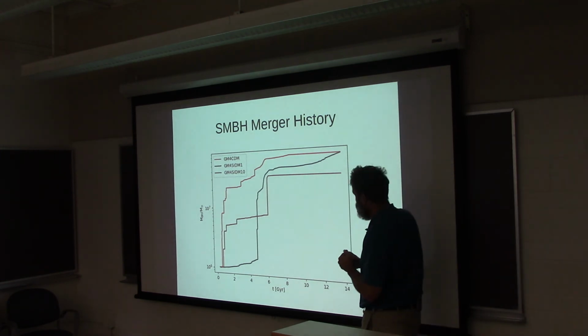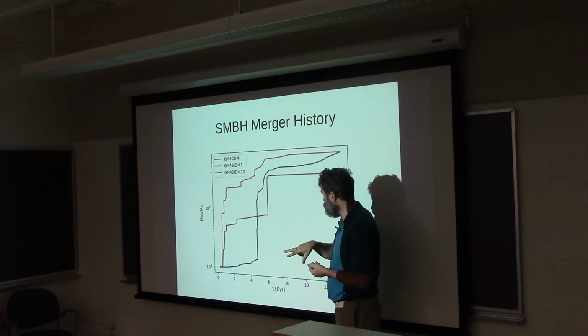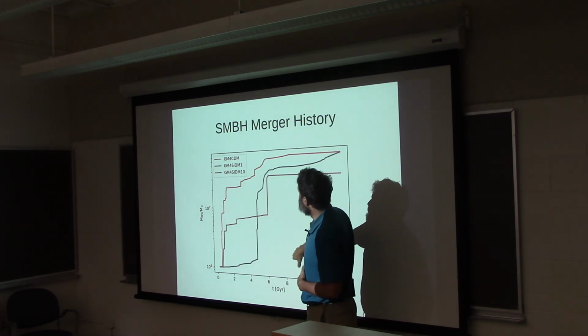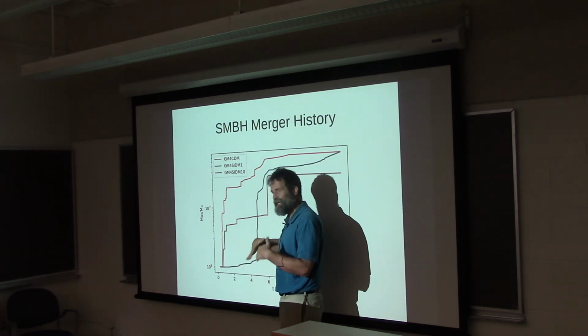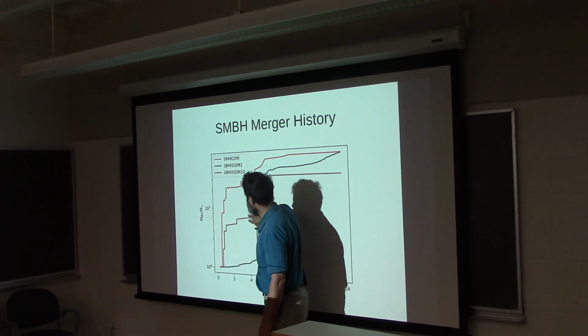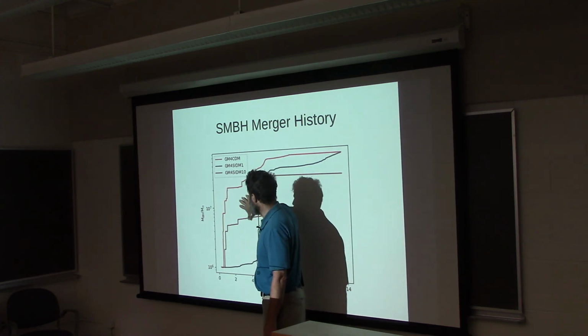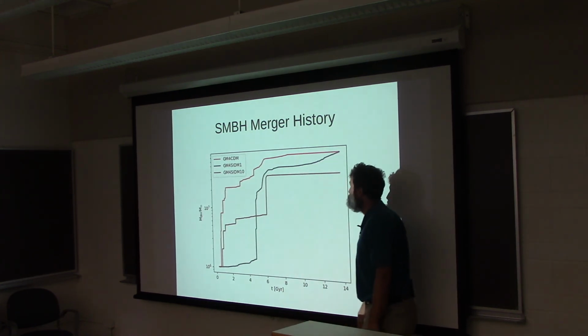We're looking at the merger rates of the black holes as a function of time, and the lack of cuspy dark matter means that the merger rates for the SIDM black holes are suppressed compared to the CDM.